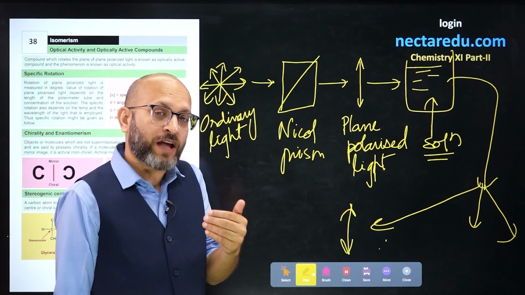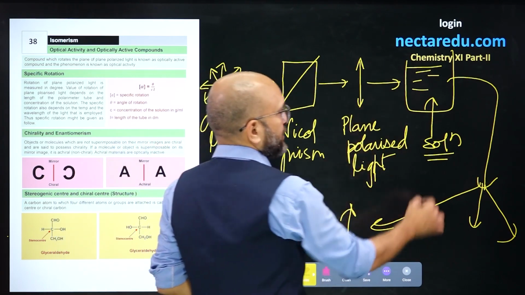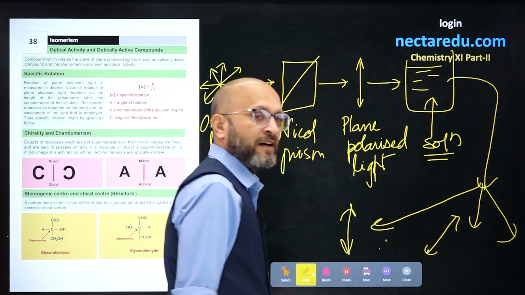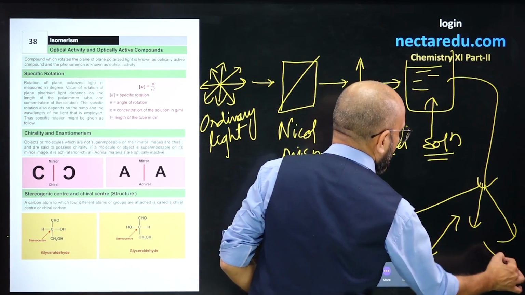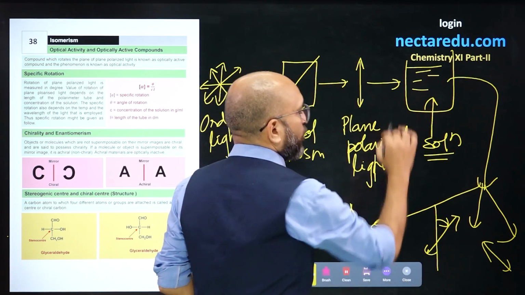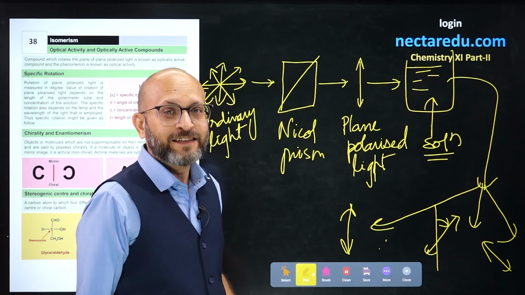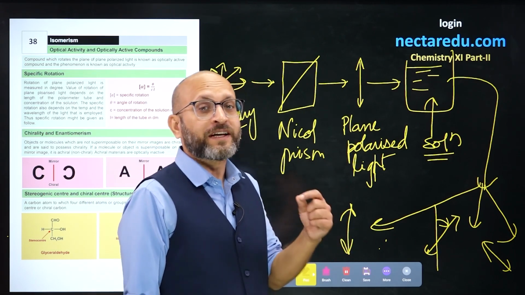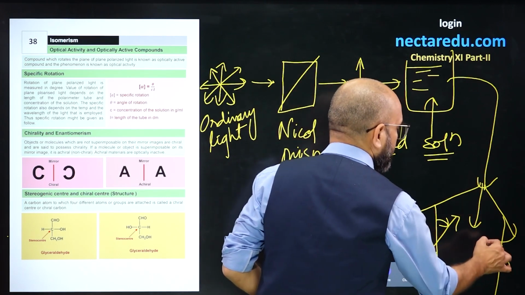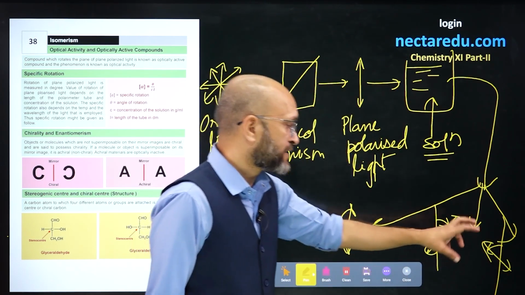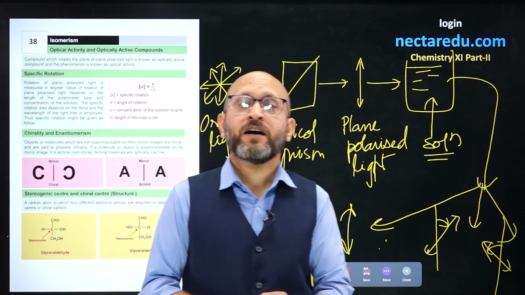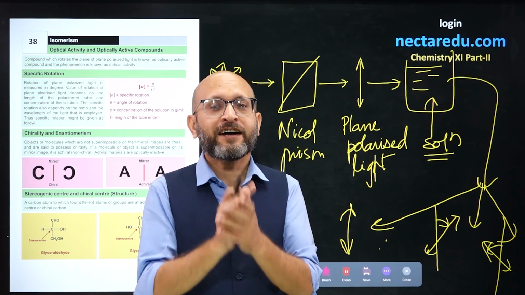Next, the plane polarized light coming out could be rotated towards the right or towards the left. If it is rotated towards the right, the organic compound we have taken in the solution is dextrorotatory and optically active. If it is rotated towards the left, then the organic compound is levorotatory and optically active.